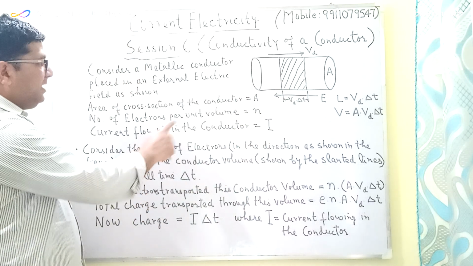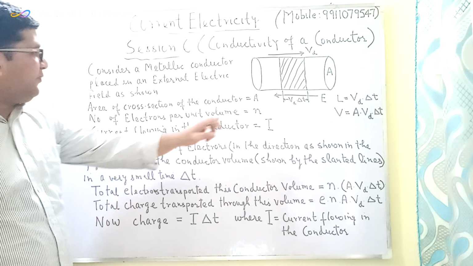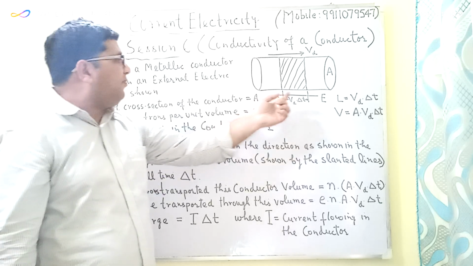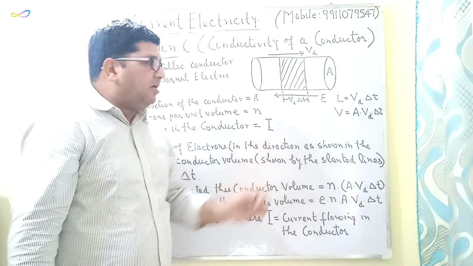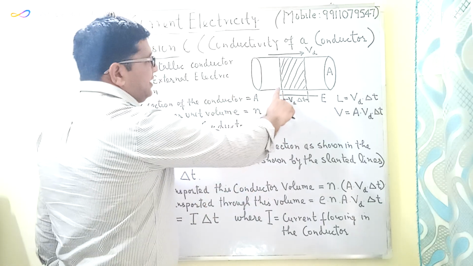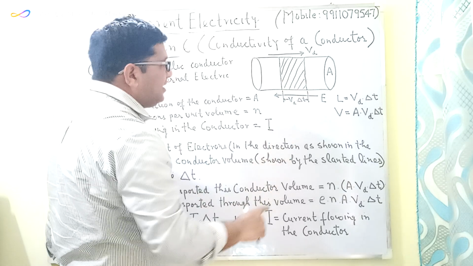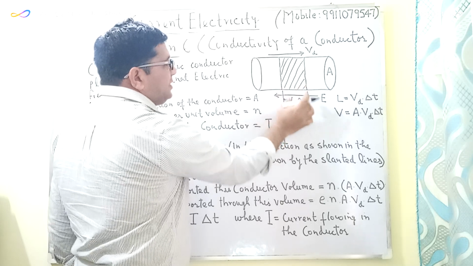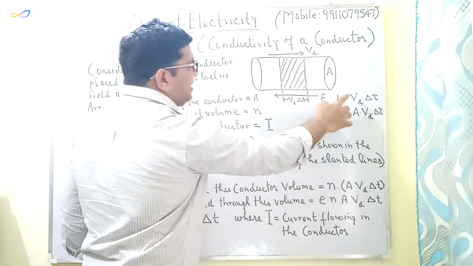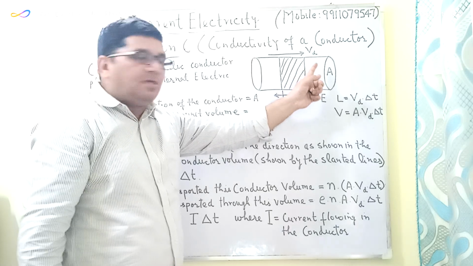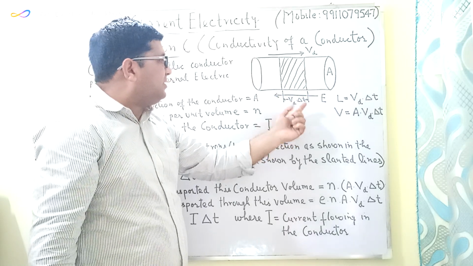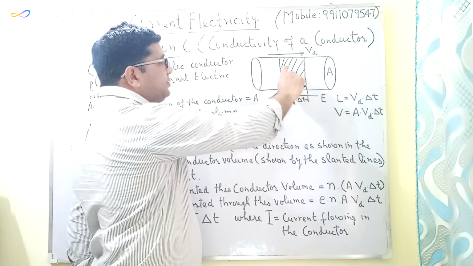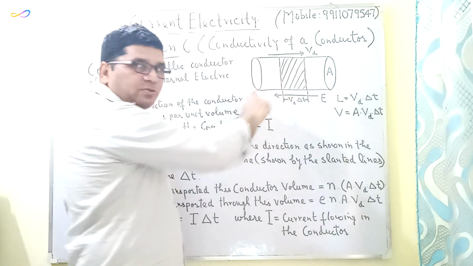So, here I have considered the drift of electrons through this portion of the conductor in a very small time, say delta t. When the electrons are transported through this portion in time delta t, the length of this portion will be equal to Vd into delta t, because Vd is the drift velocity of the electron and delta t is the time taken by the electrons to pass through this portion.